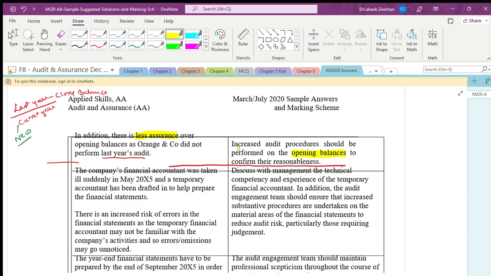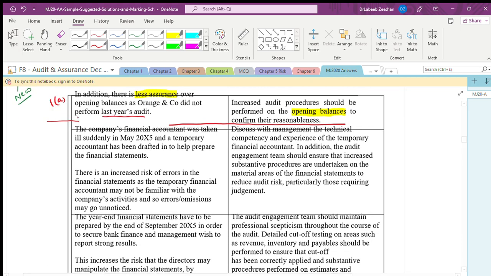Fine. This is 1A. The company's financial accountant has taken ill in May and a temporary accountant has been drafted to prepare the financial statements. This is an increased risk of errors.